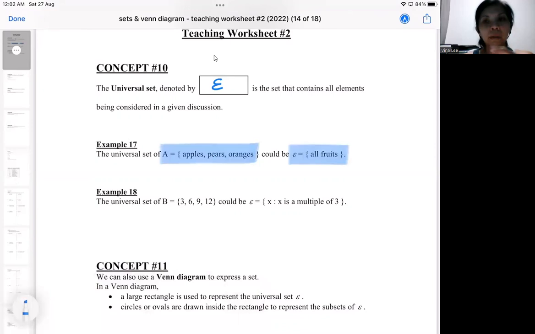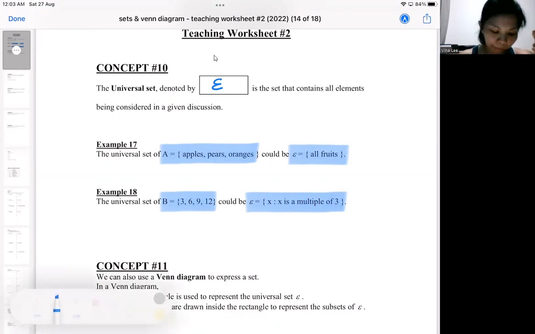So the biggest possible set will be all the fruits, and then I'll pick these three to be in set A. Then 3, 6, 9, 12 looks like the multiples of 3. So the universal set is the multiples of 3, which can be 3, 6, 9, 12, 15, 18. It can go on, so it's actually a very huge set. It's just that from the very huge set, I take only these 4.